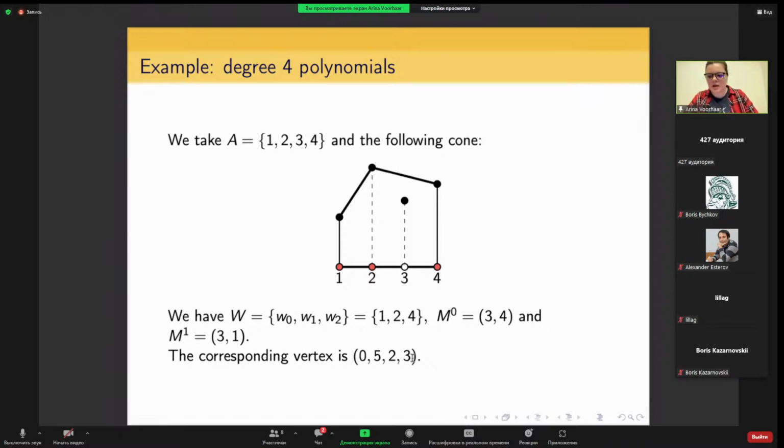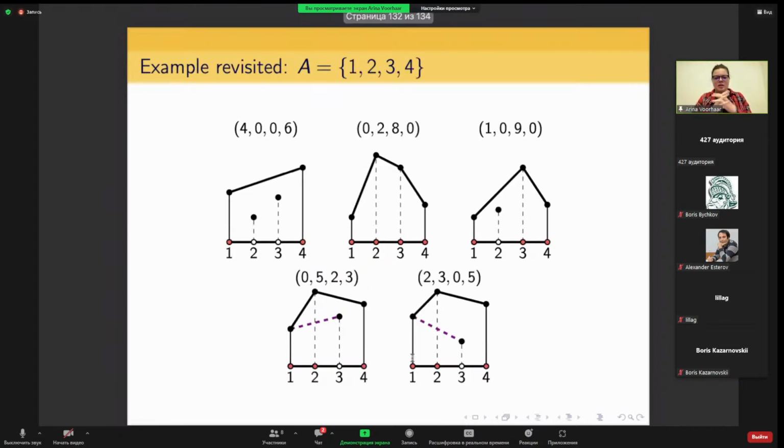0.0523. And then, here, this is a picture showing different shapes of covectors gamma that yield all the 5 vertices of this pentagon in R4, which is the Newton polytope of the Morse discriminant for degree 4 polynomials.